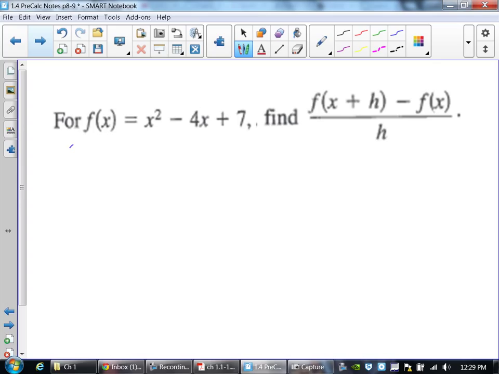So we had the quantity x plus h squared minus 4 times x plus h plus 7. That first step satisfied just substituting in that part.